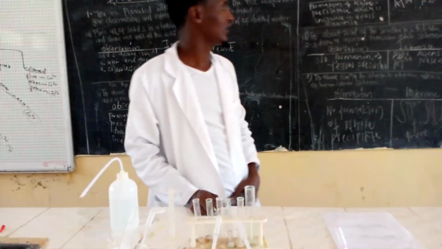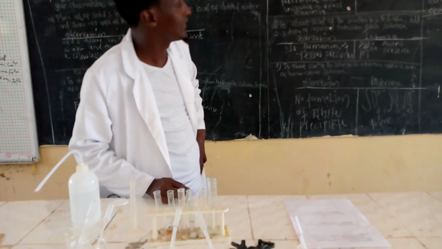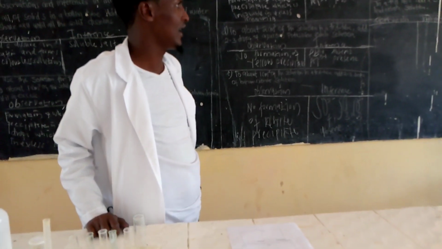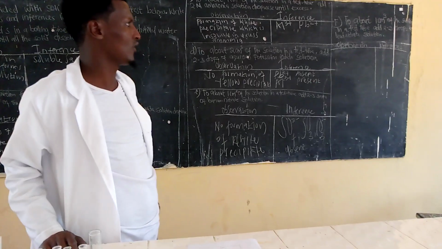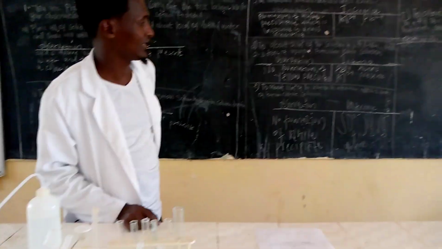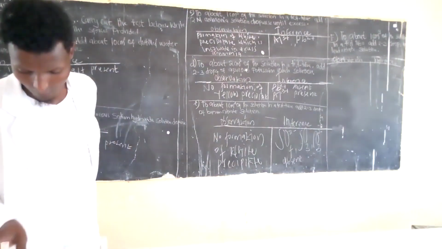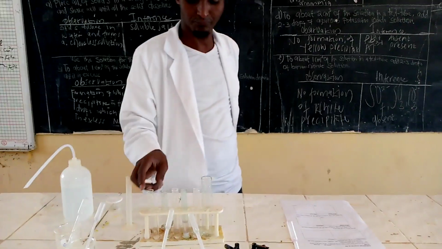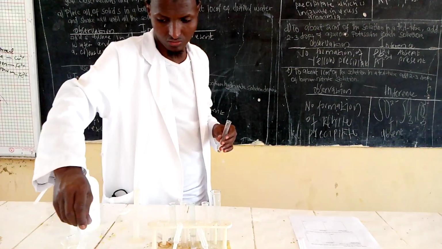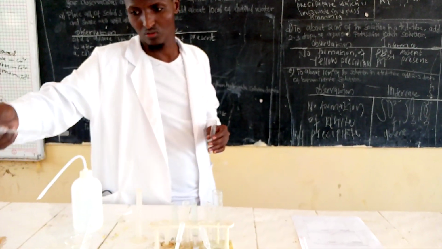The last but not the least, they are saying to about 1 centimeter of solution in a test tube, add 2 to 3 drops of lead nitrate solution. Lead nitrate solution. So how will we add that? So this is the lead nitrate solution.